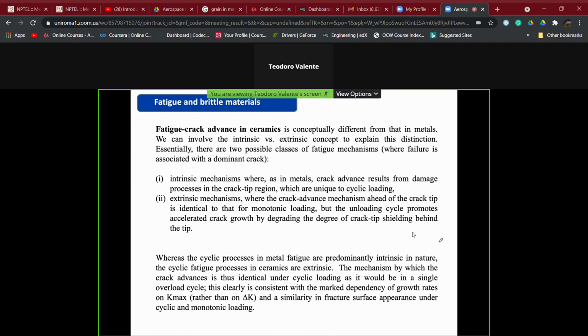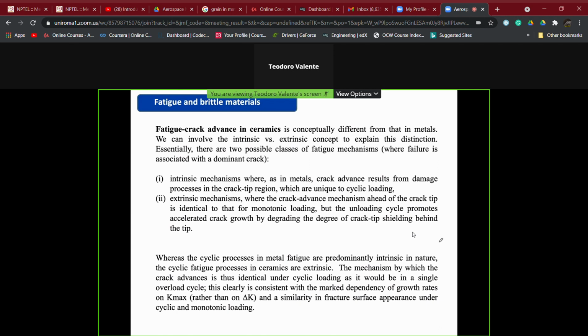But there are also extrinsic mechanisms, where the crack advance mechanism ahead of the crack tip is identical to that for monotonic loading, but the unloading cycle promotes an accelerated crack growth by degrading the degree of crack tip shielding behind the tip, in terms of stress.